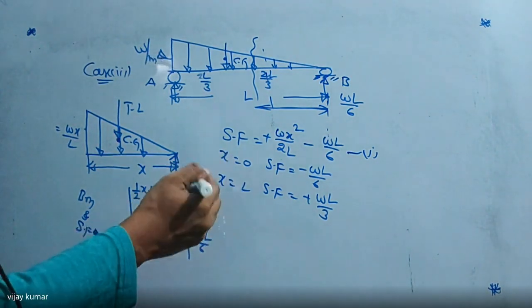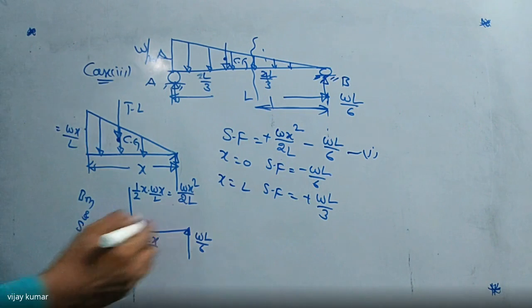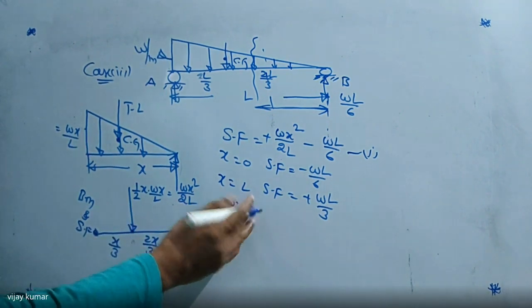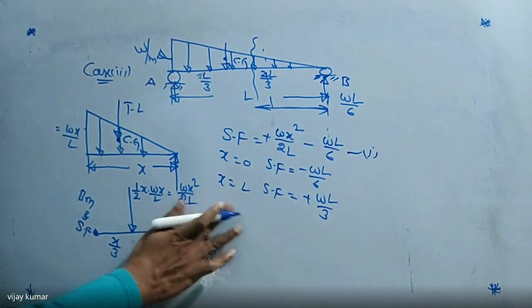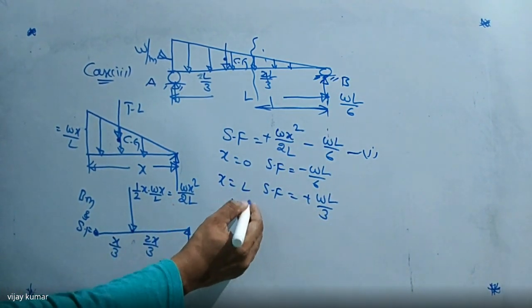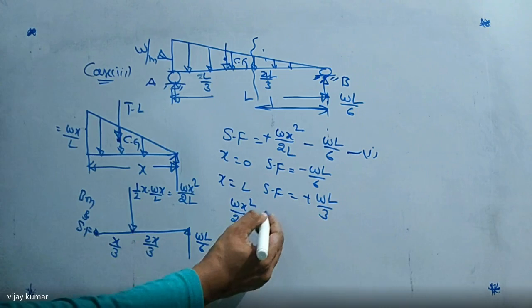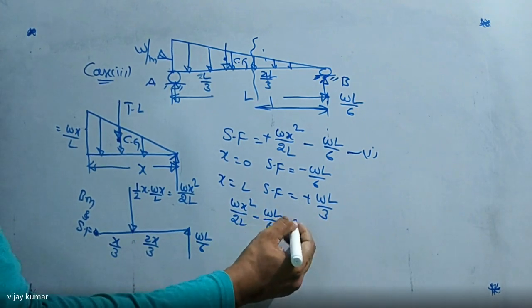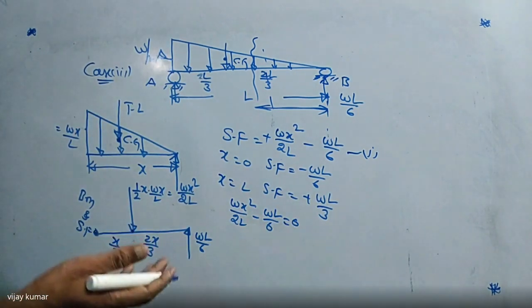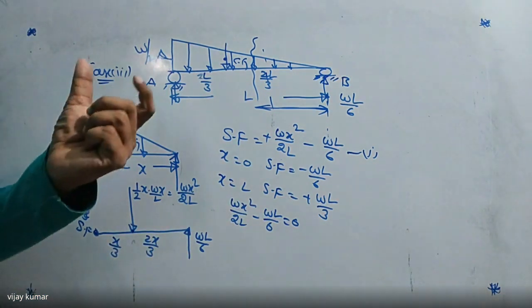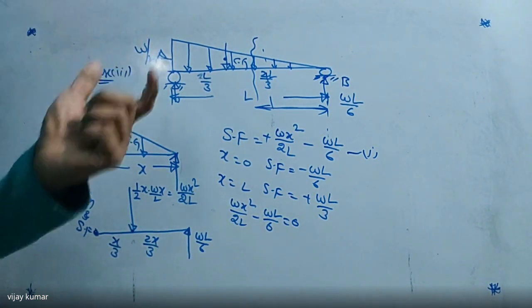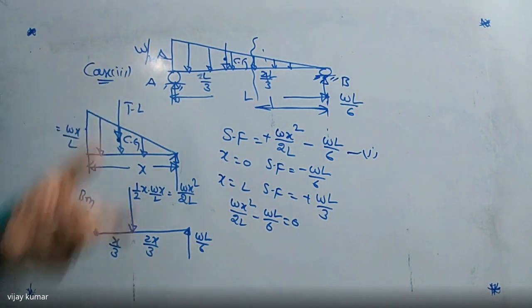Right? So where the shear force is 0, we are going to equate this equal to 0. That is, I am writing Wx squared by 2L minus WL by 6 equal to 0. If we equate it, automatically we can find where the shear force is 0, that means at what length on the beam.